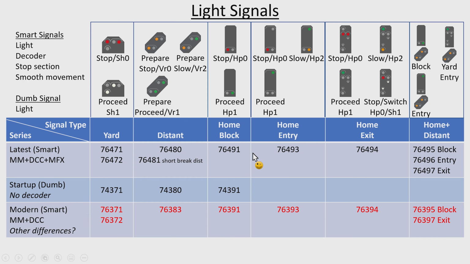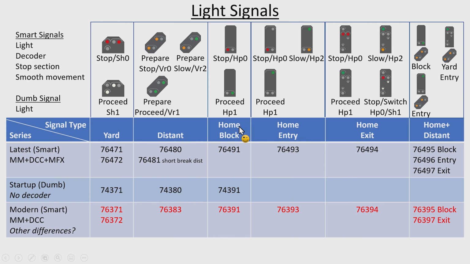So it basically only shows stop and proceed. If you are talking about in front of a train station, or let's say in front of an area where there may be slow speed restrictions under certain conditions, you would have the home entry signal, which can show stop, proceed, and slow. Now, if we look at the home block and home entry, they can both be preceded by the distant signal.